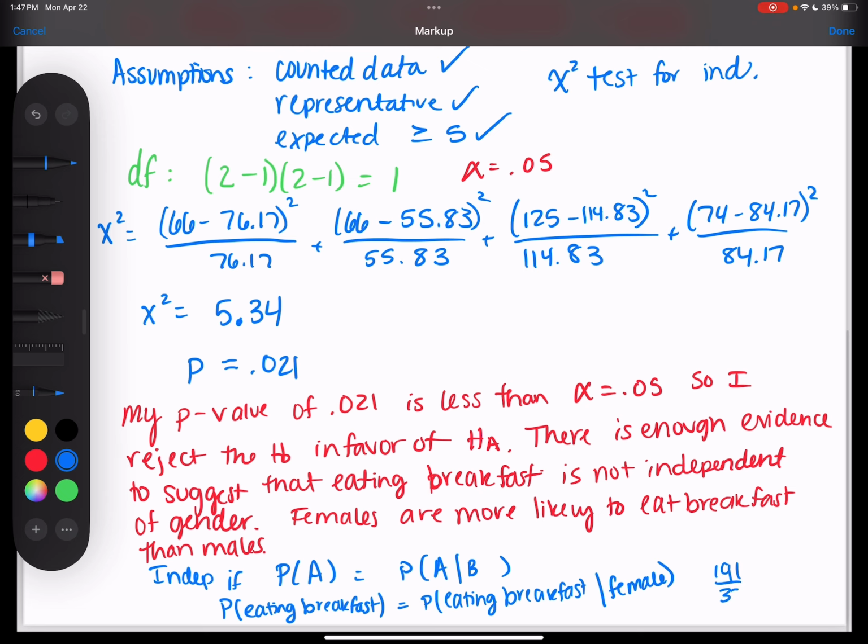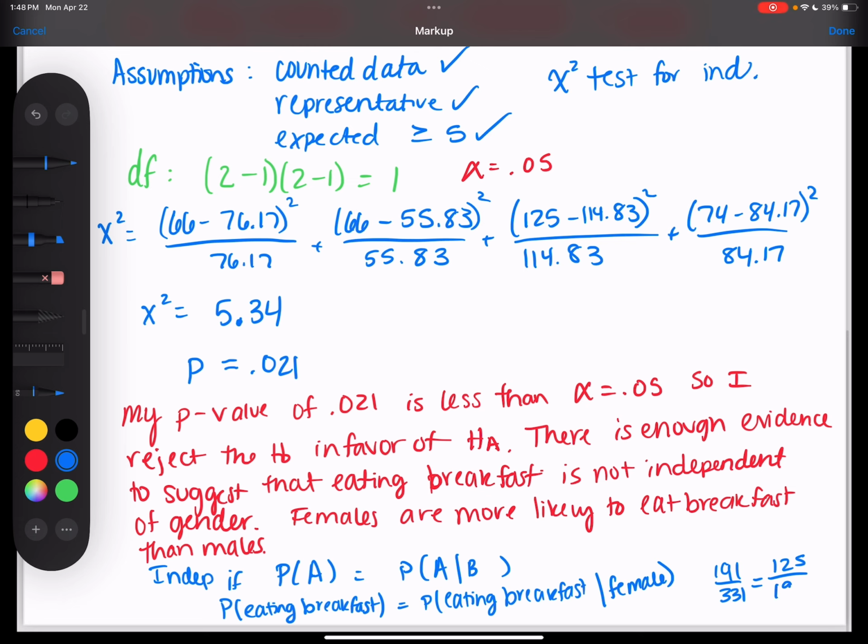And then what would be the probability of eating breakfast given female? 125 over 331? So 125 needs to be out of the total number of females, because the probability of eating breakfast given female would be the intersection of eating breakfast and female out of the total number of females, so out of 199.